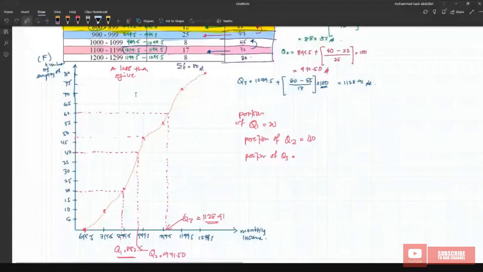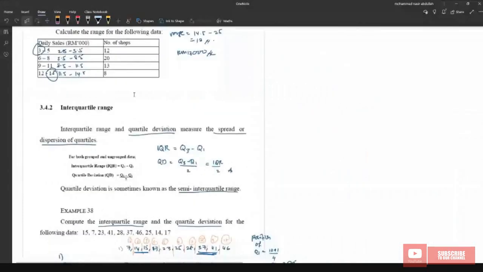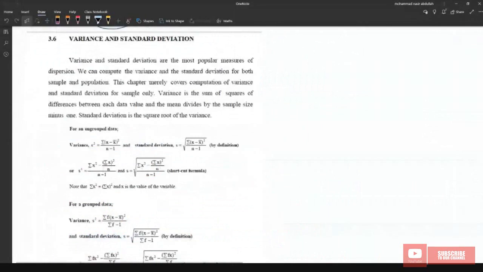So now, we need to move to the next topic, which is our last topic for chapter number 3, right? Which is variance and standard deviation, right?